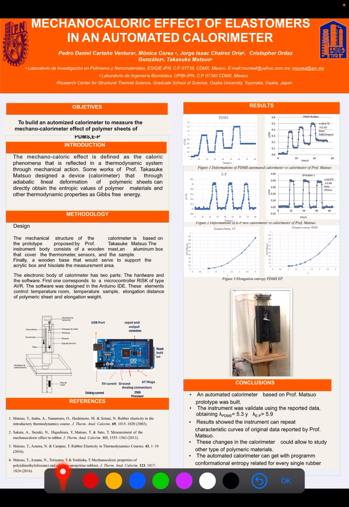That's why we could validate our new apparatus with lambda for PDMS of 5.3 and lambda for EP of 5.9. At the end, we could obtain the elongation entropy of PDMS and EP, and we could observe that this tends to the same entropy.